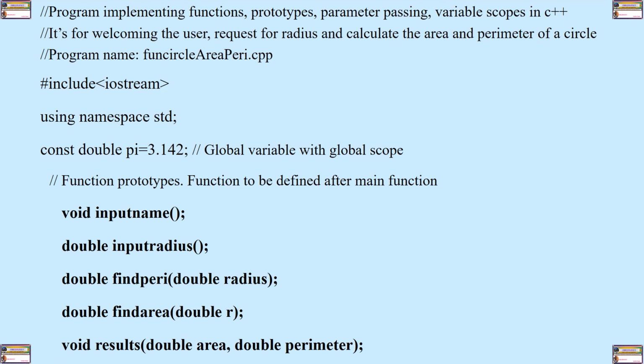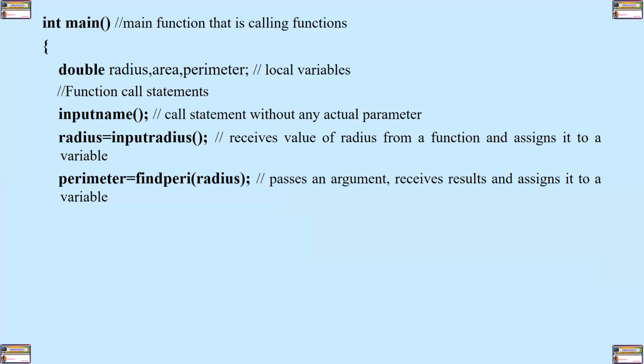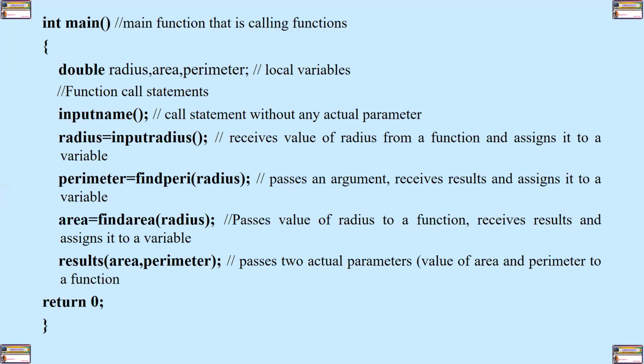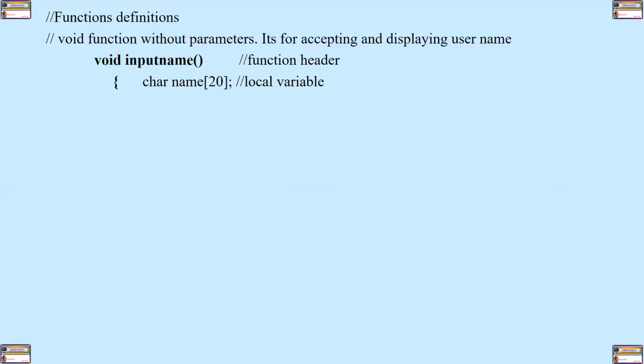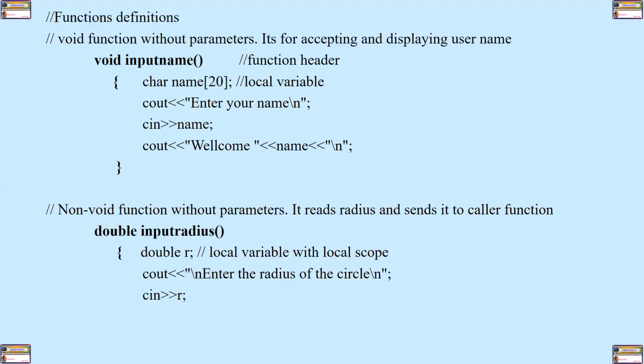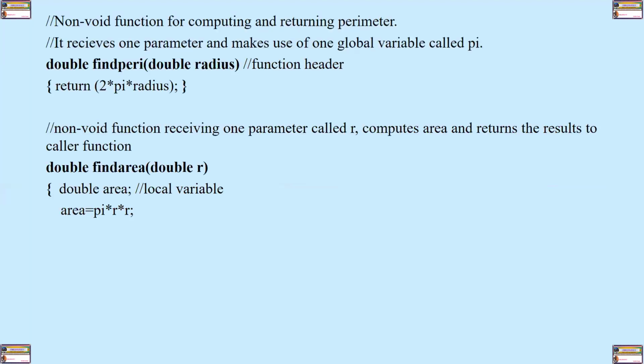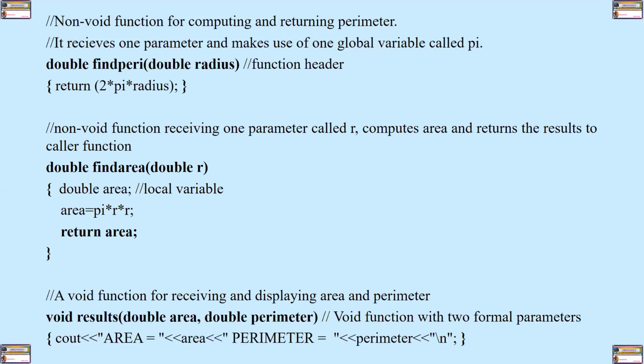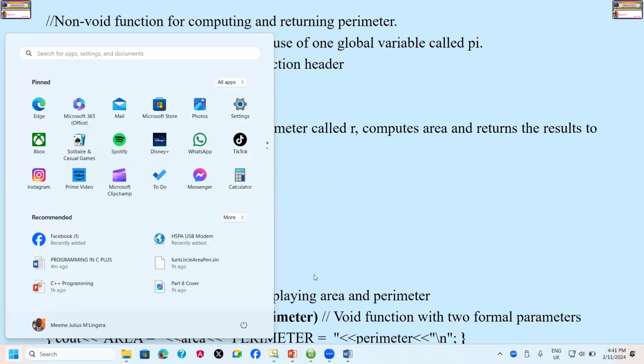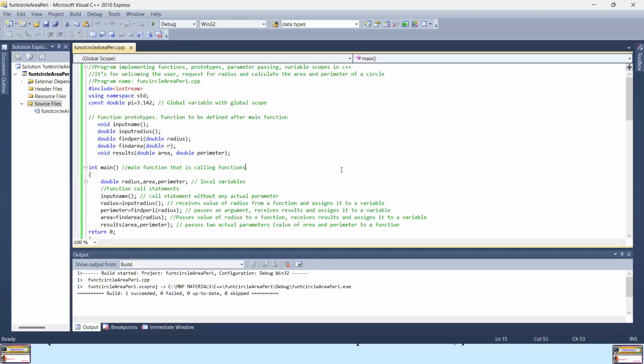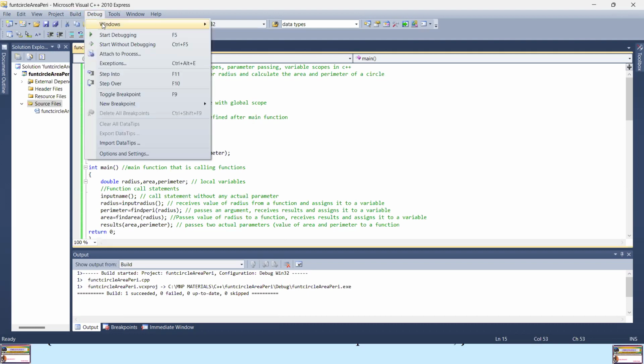So if you copy this program just as I have coded it, and you duplicate or create yours, you realize that that program will not have any errors. So let's compile this program, and then we see what we are going to get. So this is the program that we have compiled. So let me run it. To run it in Visual Studio 2010, you click on Debug, and then click on Start Without Debugging, because my program has no errors.